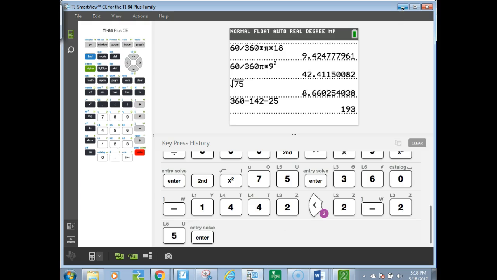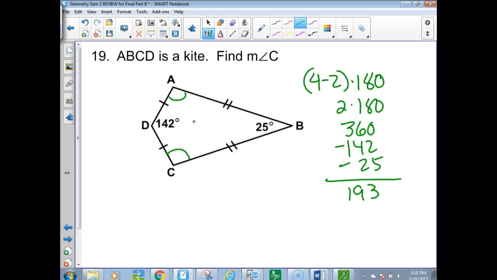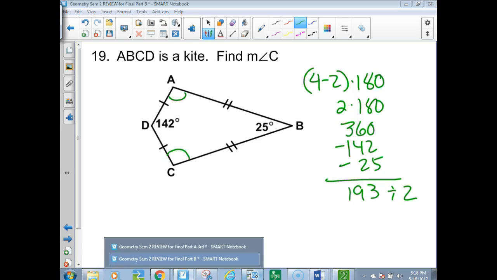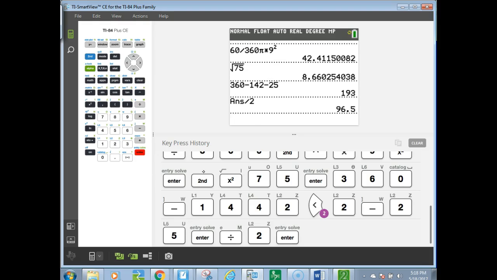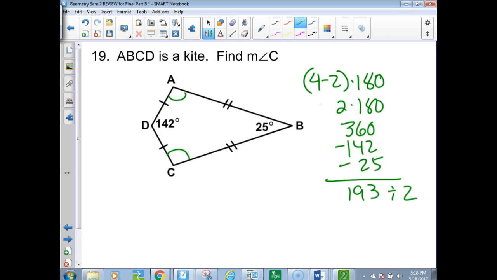Okay, so then I have to divide that by 2, because I have to share it. I can just hit my answer divided by 2. All right, that's 96.5 degrees per angle. So the measure of angle C is 96.5 degrees, and angle A would be the same.